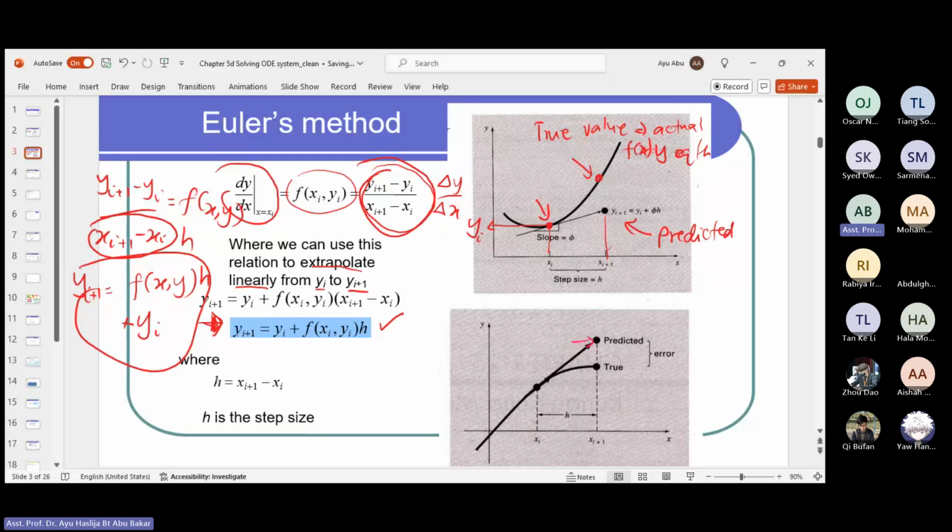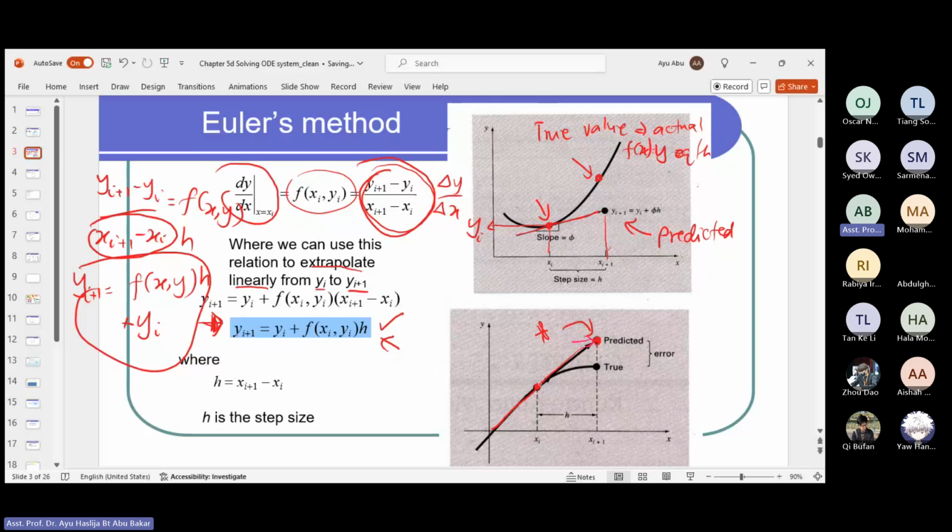Here, from this point, to predict the next point using Euler's method, using this equation, you will get this predicted point. Remember the slope is a straight line touching our starting point, the initial point.